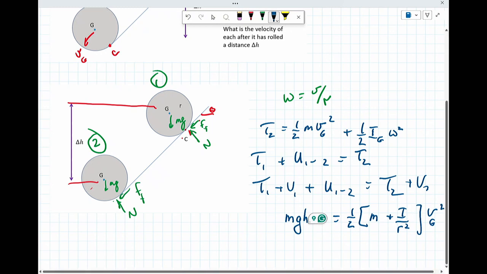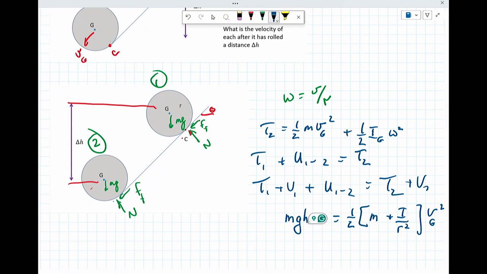All I'm doing there is I have two mass terms. I could have written it as m r squared omega squared, but I want this in terms of the velocity. So I is the only thing that's different. The mass and the height that they've dropped is the same. So all of these numbers, no matter what the shape is, are going to be the same except for I and v g in the end.